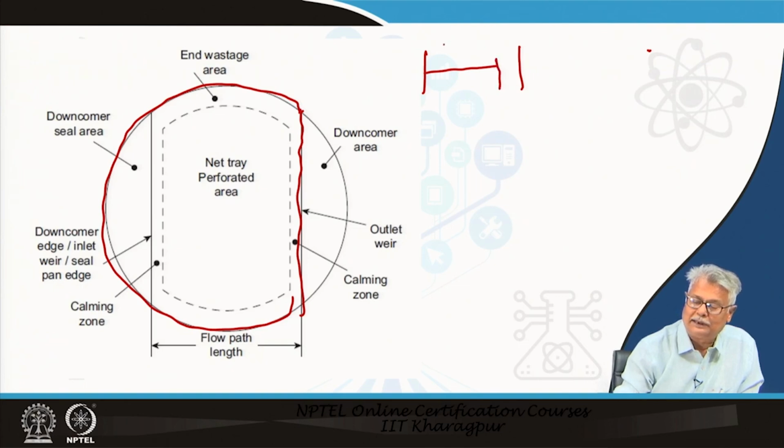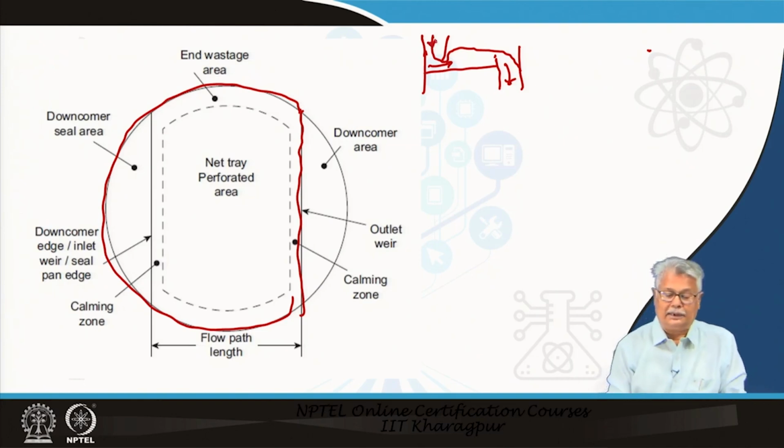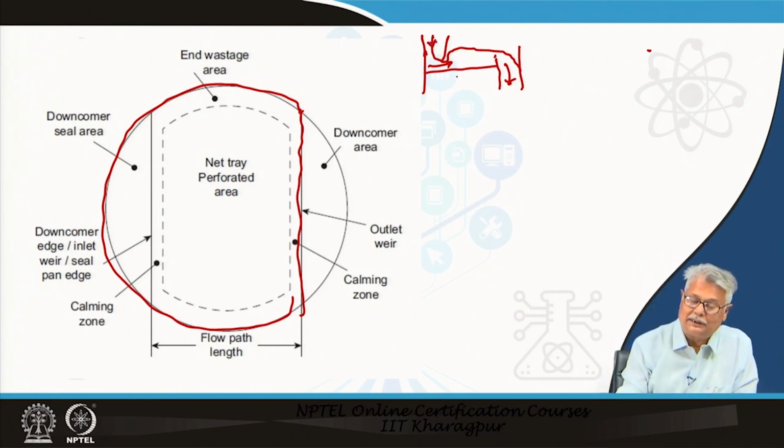This is my outlet weir, this is the downcomer of this particular tray, this is the downcomer of the upper tray, and we always say the liquid flows like this over the weir here. Now, quite naturally, such a tray has to be fixed to the wall of the column.